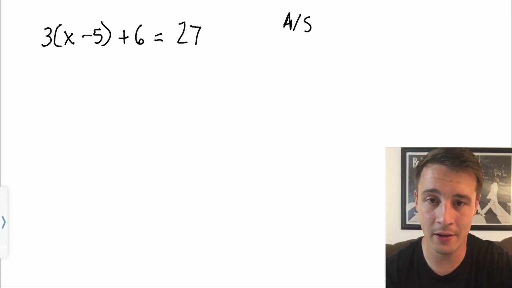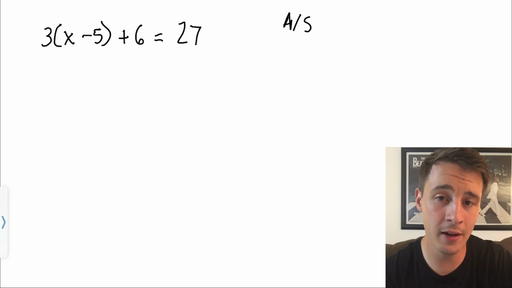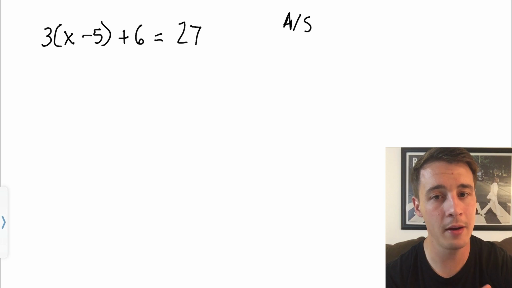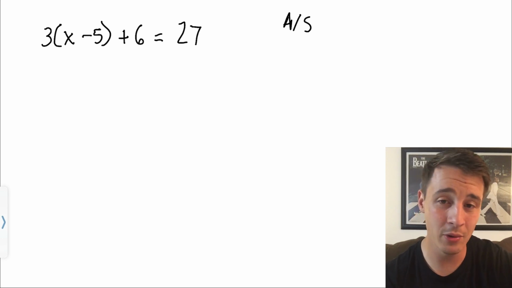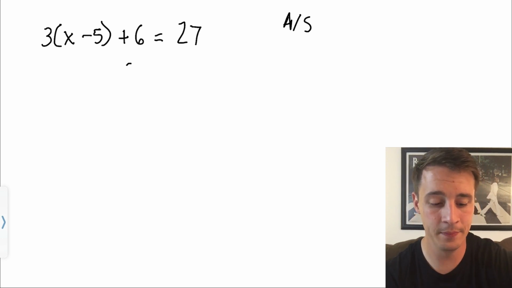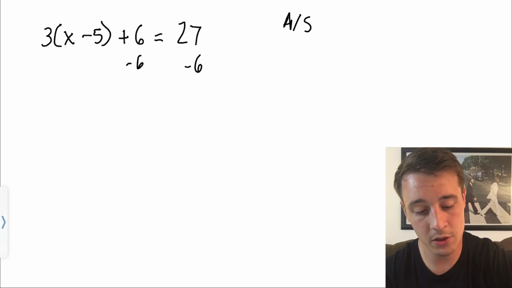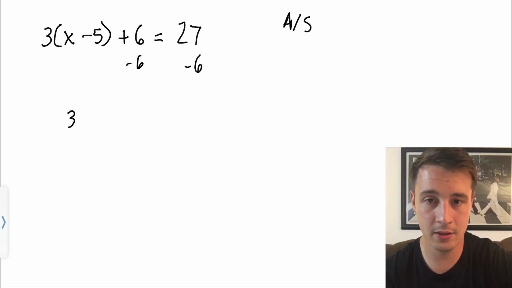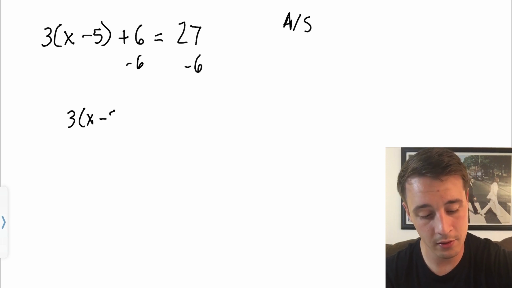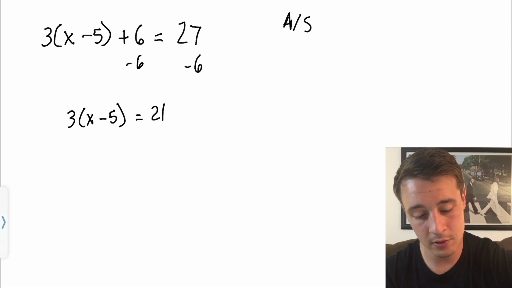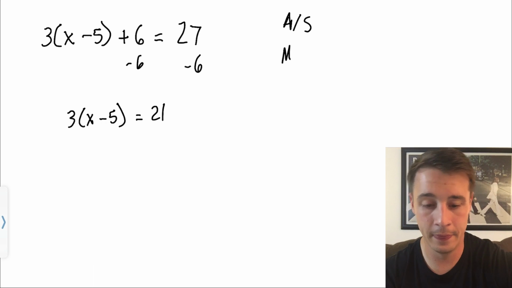So I have to start with that one first. Yes, I have minus 5, but that's in parentheses. And so because I'm working my order of operations in reverse, that will actually be the last thing I touch. So we should subtract 6. I'm left with 3 times x minus 5 equals 21.